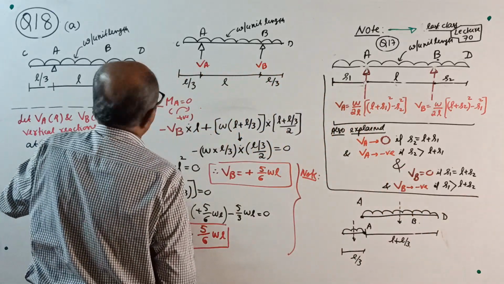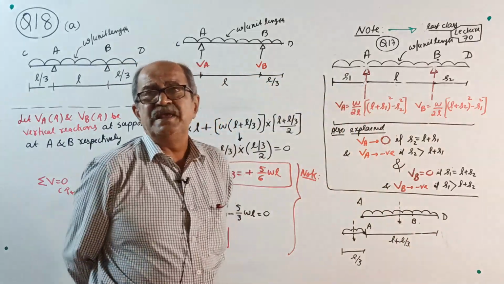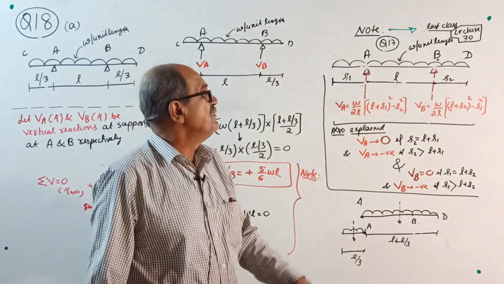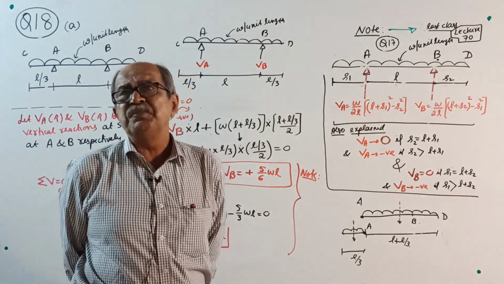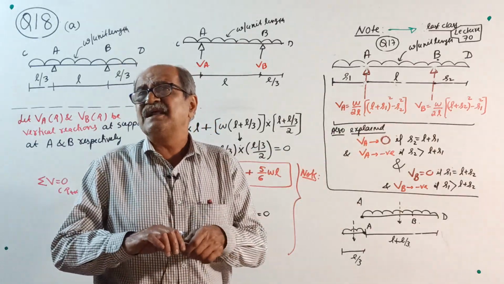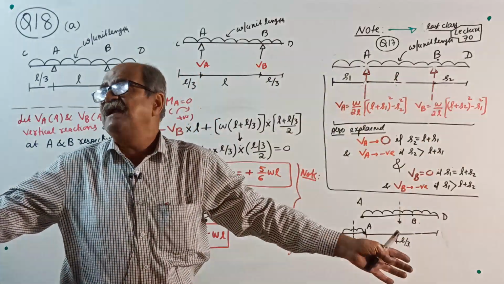Now, last time we took L, S1, S2. Now we will take different cases. Remember, all this discussion is only for UDL. If you apply other loading, the principle is the same: if that overhang is more, this side will try to get lifted.